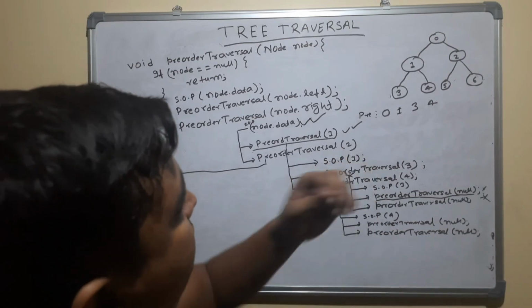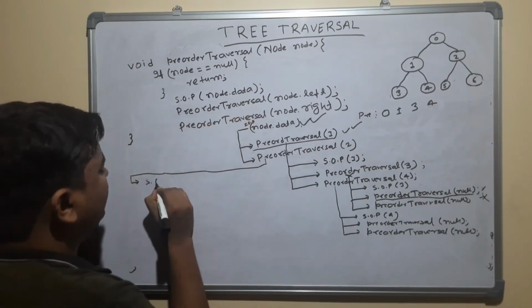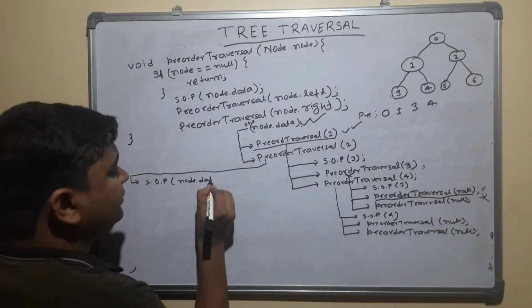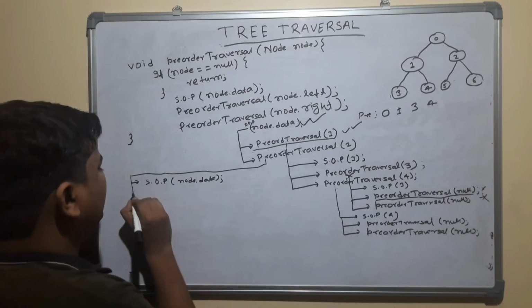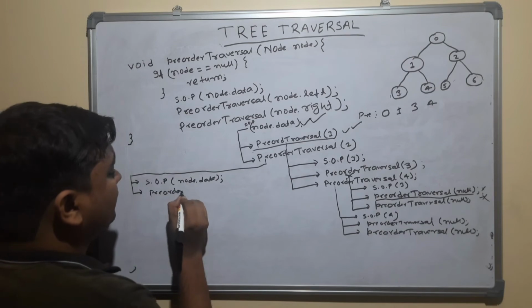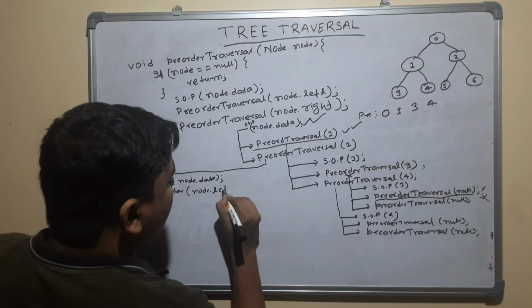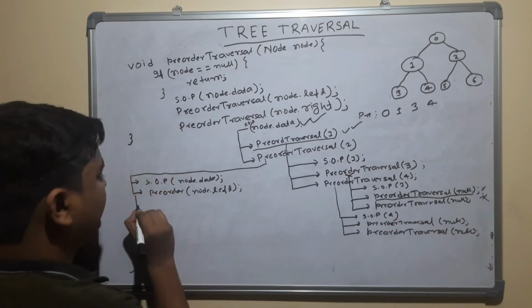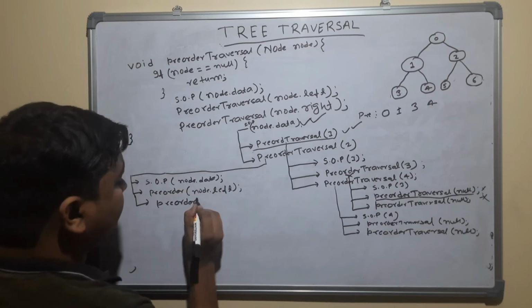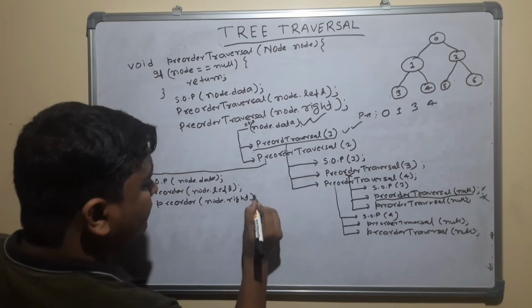So 2, what we are doing here: first we are printing system.out.println node.data, then we are calling pre-order node.left, pre-order node.right.